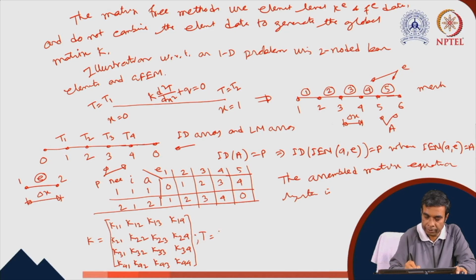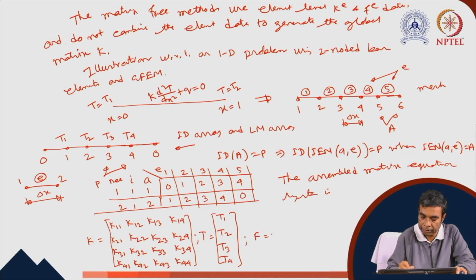Our T is T1, T2, T3, T4 and our F is F1, F2, F3 and F4.